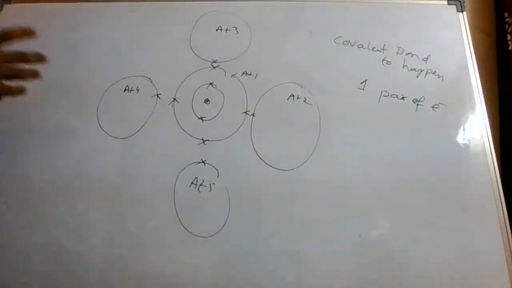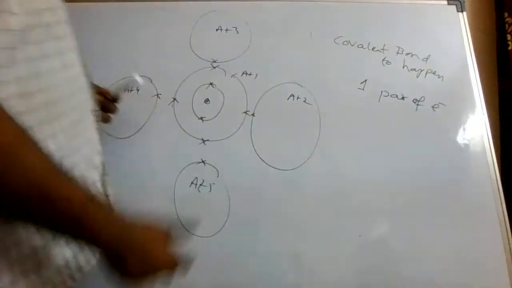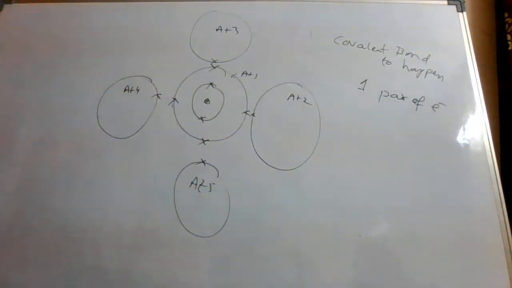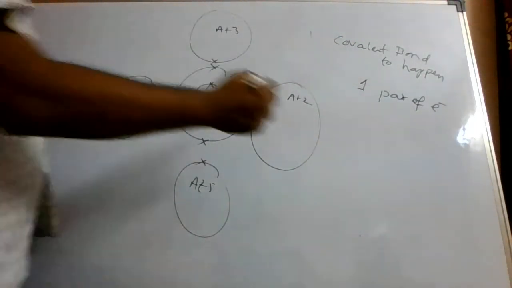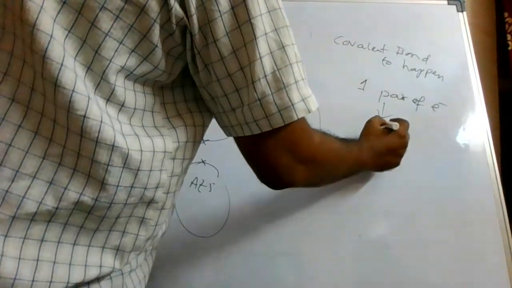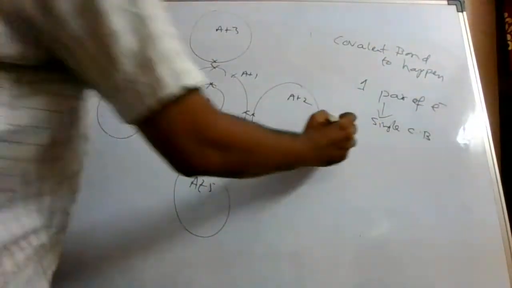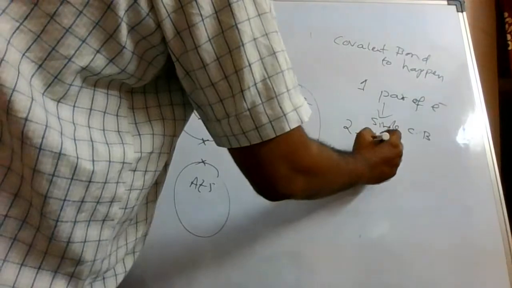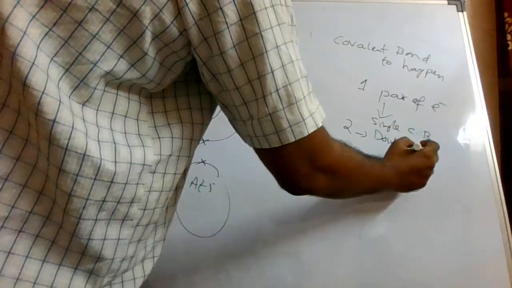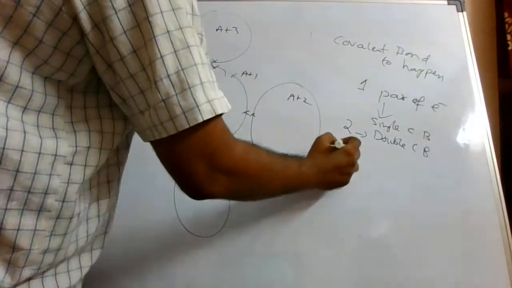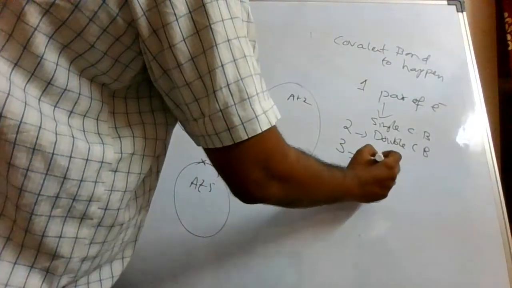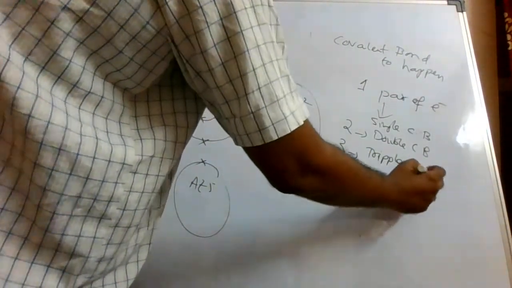But is it that you should have only one pair of electrons? You can have two pair of electrons. You can have three pair of electrons. You can have multi pair of electrons. If it is one pair of electrons, it is single covalent bond. If it is two pair, it is called double covalent bond. If it is three pair, it is triple covalent bond.